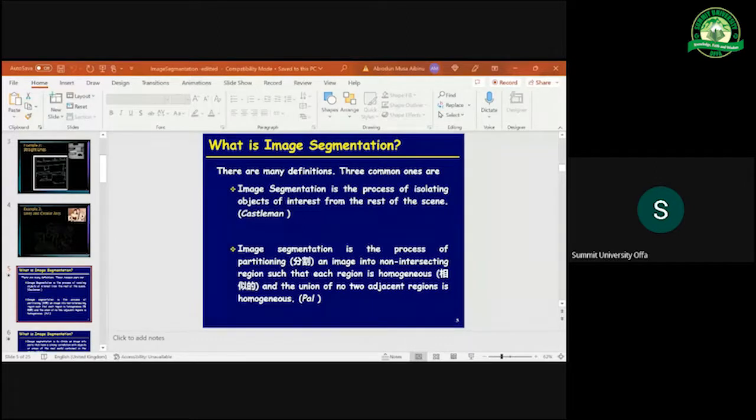Segmentation is just simply dividing images into clusters. Segmentation is dividing what? Images into different regions. That is, you have an image and you are dividing it into regions that have similar properties.